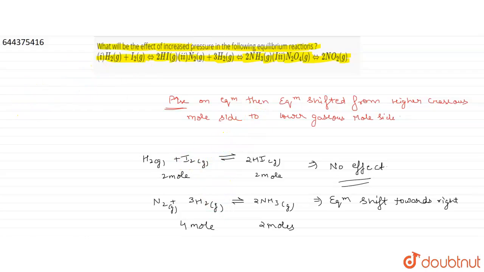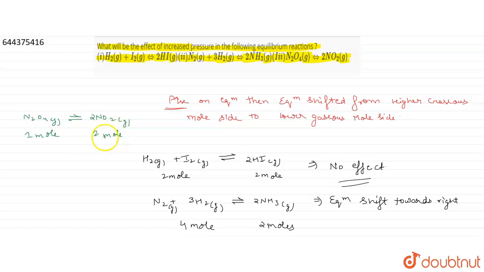Now our third reaction is like this. I am drawing it here, guys. We have N2O4 gaseous equilibrium 2NO2 gaseous. Now you can easily do this. We have only 1 gaseous mole here and we have 2 gaseous moles here.